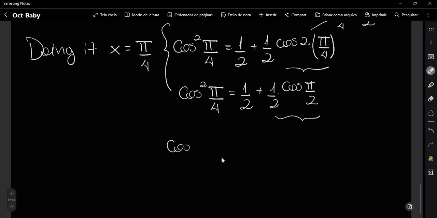And now I can multiply this. So cosine square of 1 over 4, which is equal 1 over 2 plus cosine pi over 4.